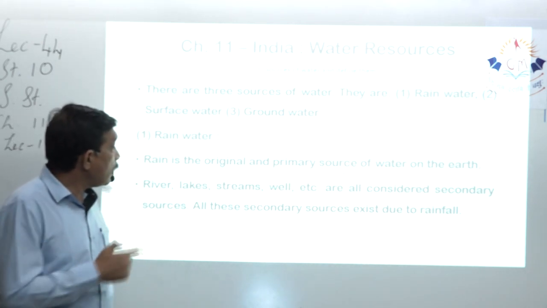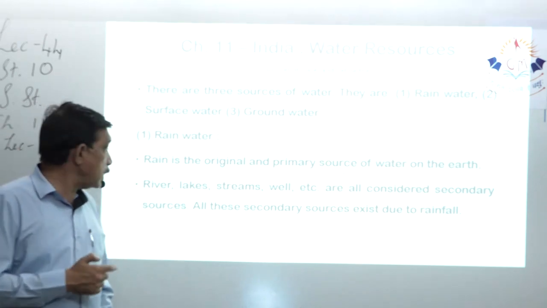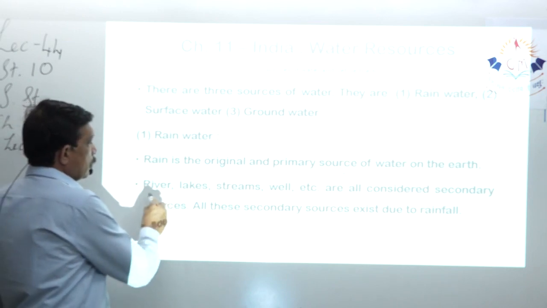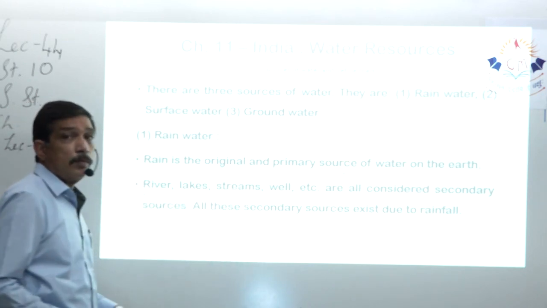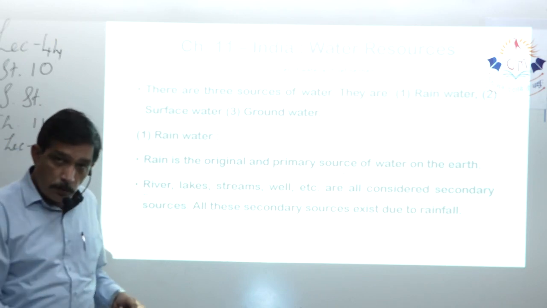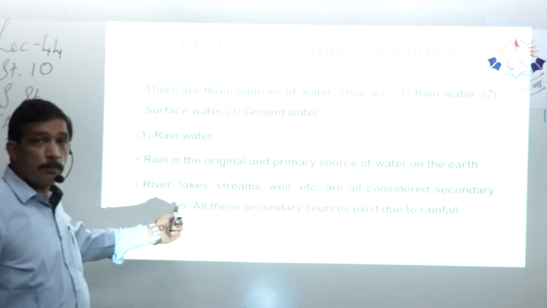Okay. River, lakes, streams, wells, etc. are considered secondary sources. All these are secondary sources of water. They can be found on the ground. That means on the ground, not below the ground. On the ground, that is the surface, you will find rivers.